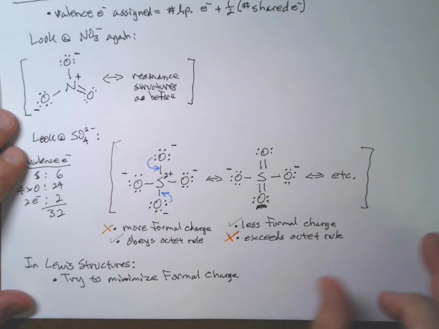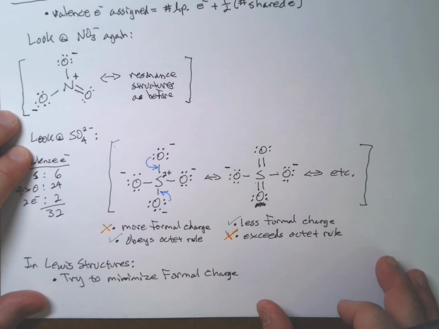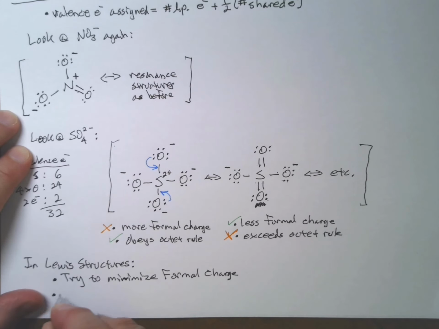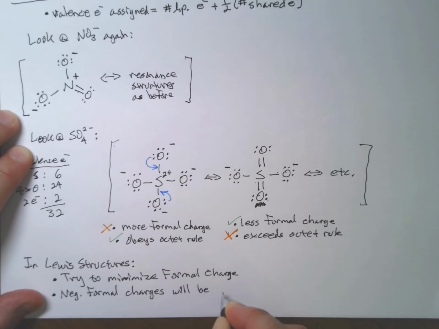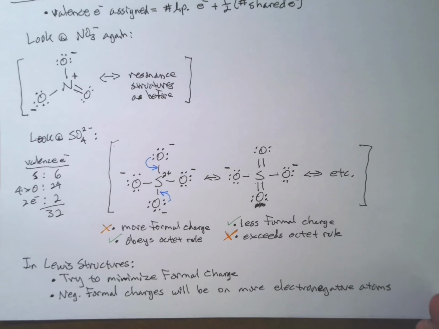And then if we have to have negative formal charges, then they're going to be on the more electronegative atoms. Apologize for the squeaking that my writing is making here. There we go. So we can sum up that way.